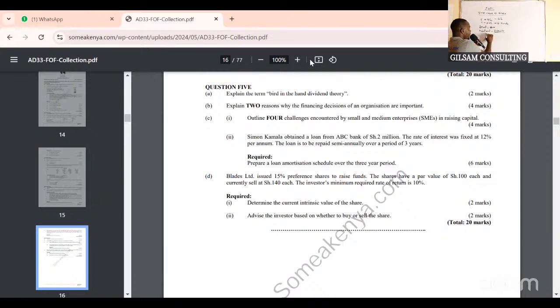So let's get the value of PVIFA here, which is 1 minus 1.06 raised to negative 6, divided by 0.06. We get 4.9173, and then I divide 2 million by the answer.